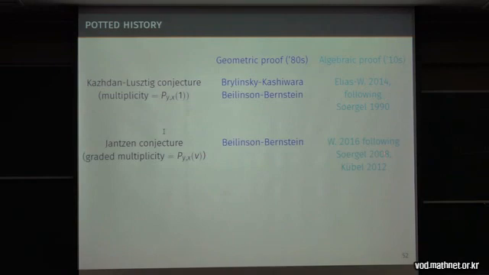And then the Jantzen conjecture I did in 2016, following some earlier work of Soergel and Kübel. The reason I'm saying this is that the Jantzen conjecture is kind of more of a complete conjecture than the other one. And so when we obtained this proof, we were very keen to see whether we could also get the Jantzen conjecture.